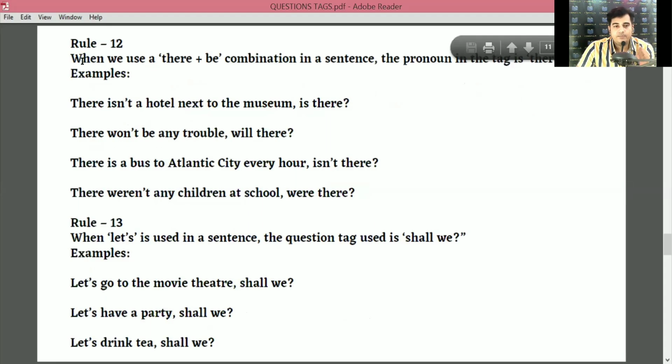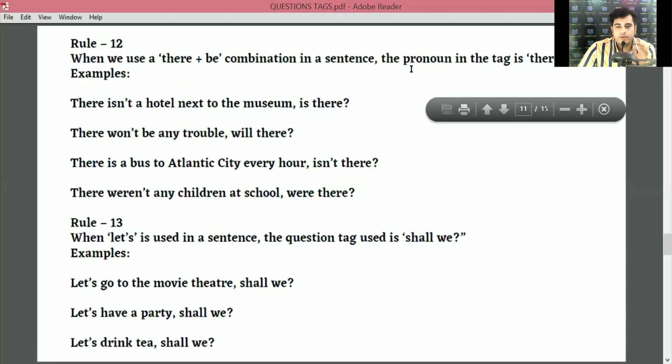Rule number 12. When we use there plus be in a sentence, the pronoun in the tag is there. Examples are, when you use there and be, be is a verb, an auxiliary verb.